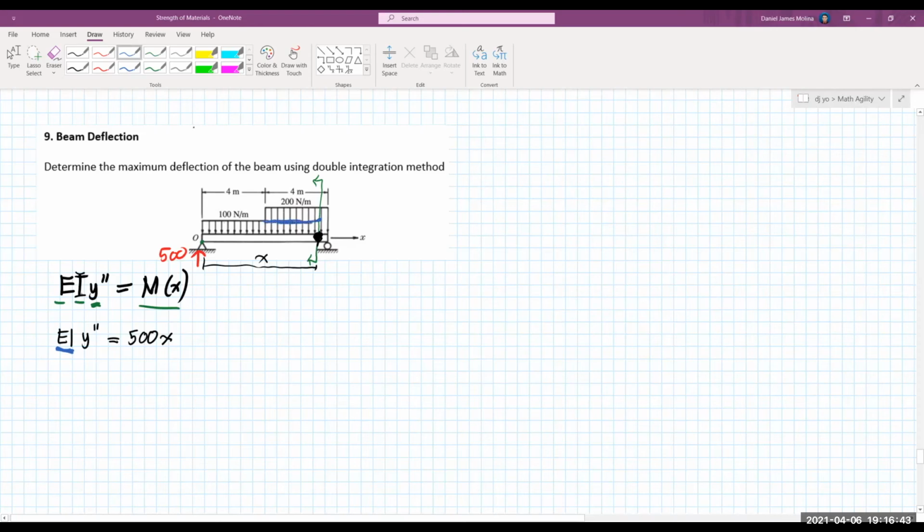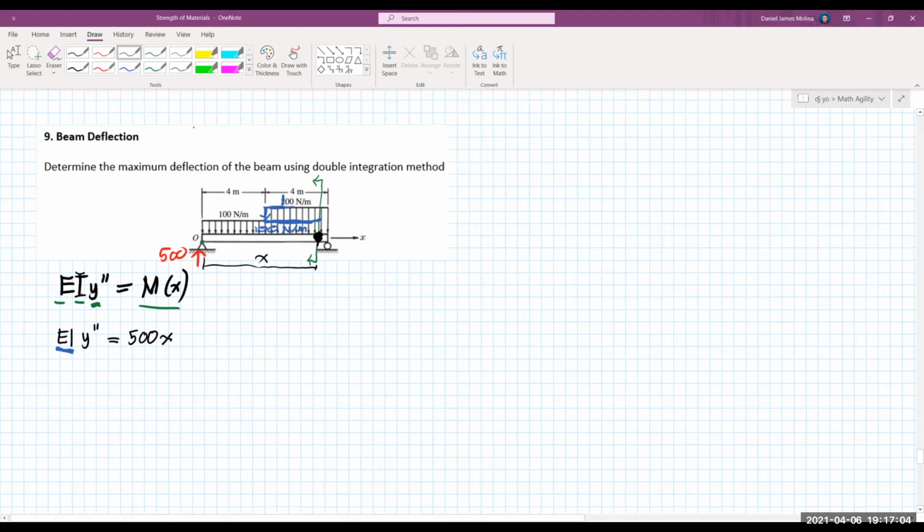There, so we have a 100 newton per meter load from left to right, and then the remaining 100 newton per meter, since we subtracted 100 newton per meter from the 200 newton per meter load.